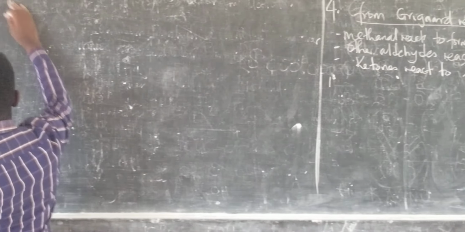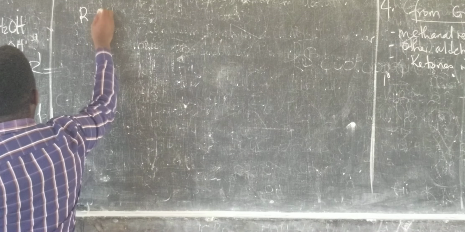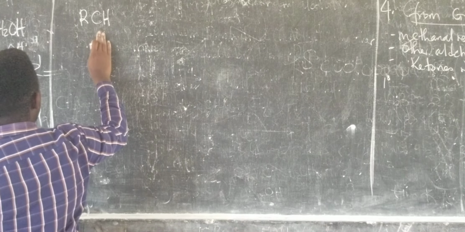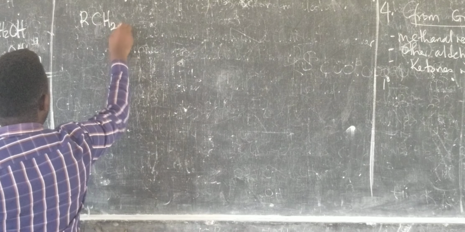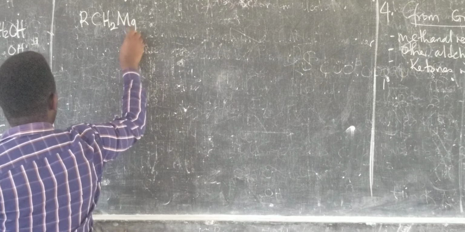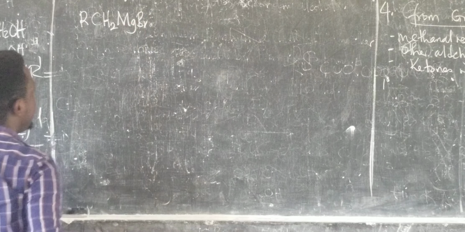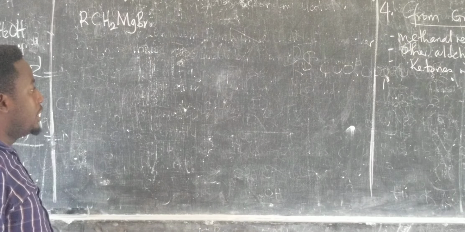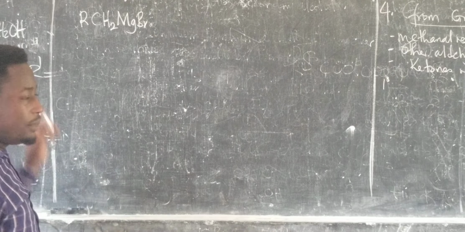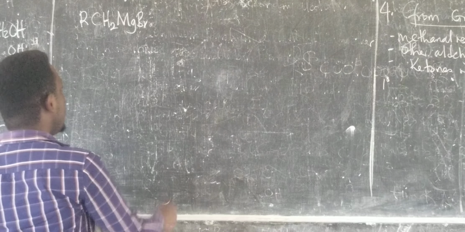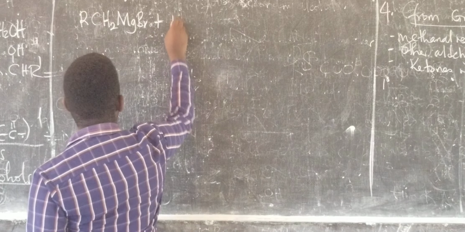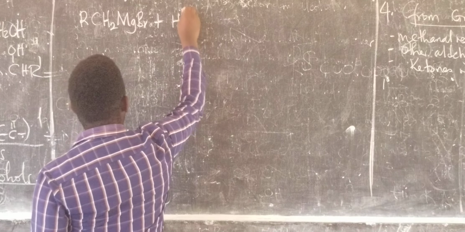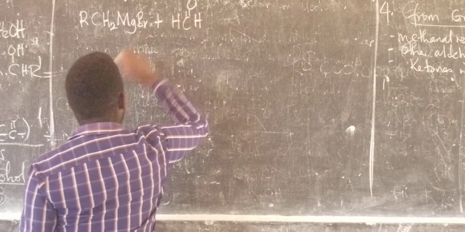allow me to use this space here. If I want to form a primary alcohol, I'm going to use a Grignard reagent. So in this case, I can use RMgBr. That is my Grignard reagent that I'm using. R can be anything. As we said here, we have to use methanal.